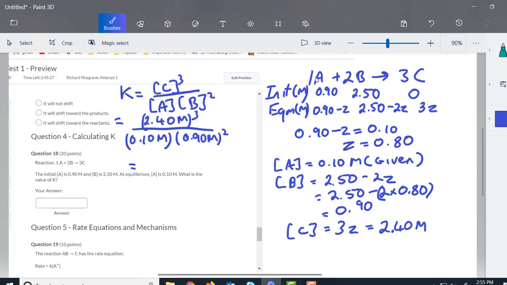So that comes out with a value in your calculator of 170.667 or something like that. It keeps on going. Now if I take this down to 2 significant figures, it'll just be 170, and that could be the answer that you would put in here. We can calculate a unit as well, but for K we typically don't include a unit, so just put this number in the box, and that's all you'll have to do.